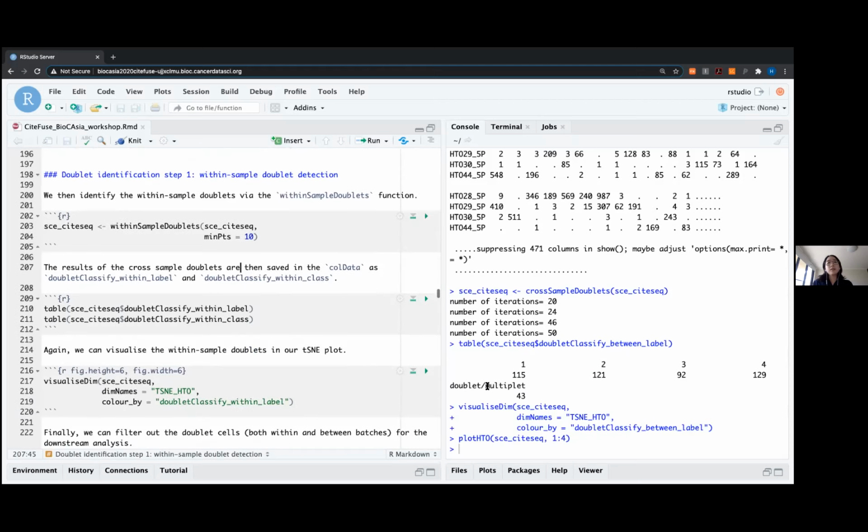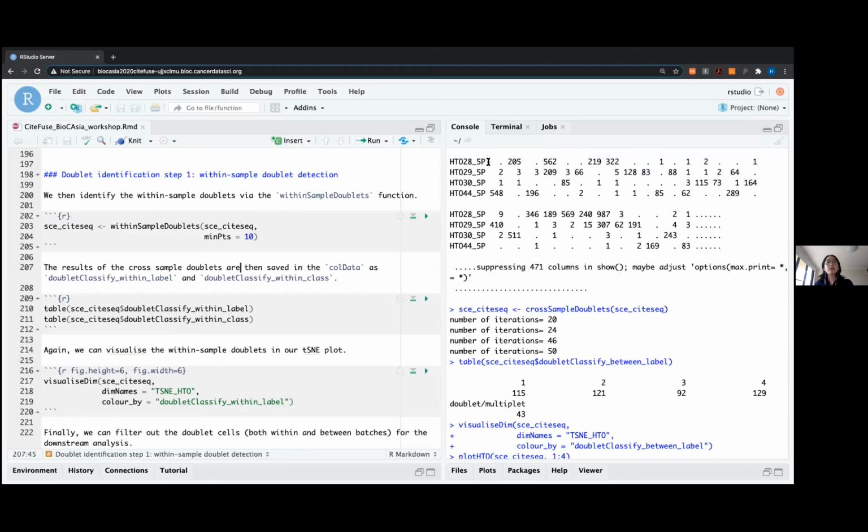Okay, and then we can't stop here because the cross-sample doublets are pretty easy to find because any cells that express this and another cell hashing antibody become really evident that it is a cross-sample doublet.